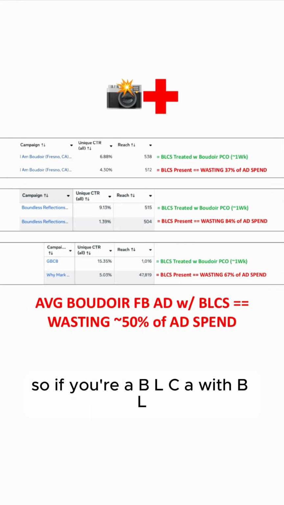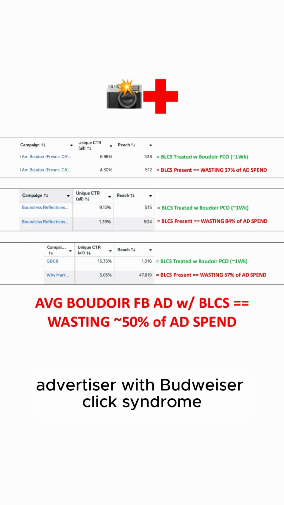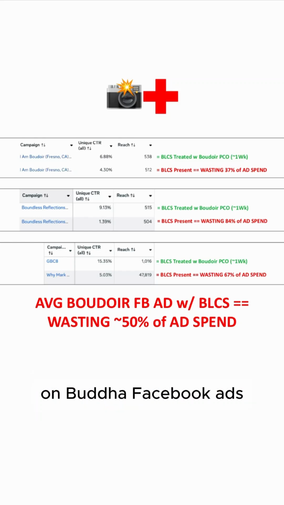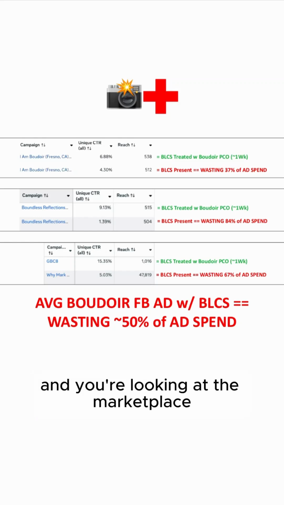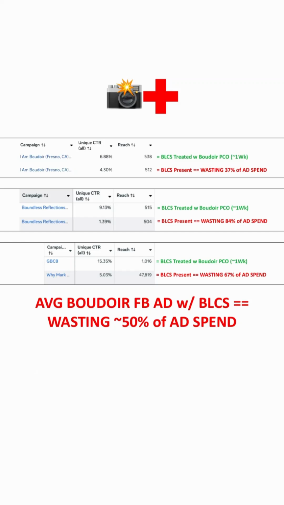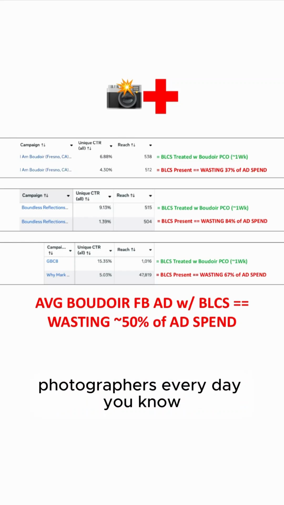So if you're a Boudoir low click advertiser with Boudoir low click syndrome, and you're spending more than 10 grand a month on Boudoir Facebook ads, and you're looking at the marketplace seeing that more and more women are entering the marketplace as boudoir photographers every day.